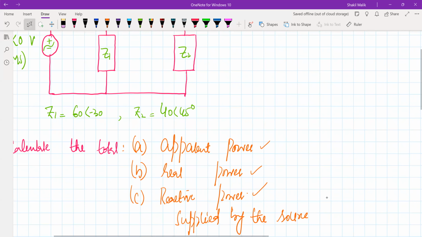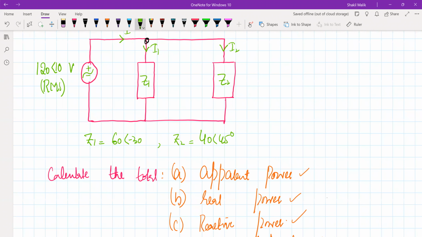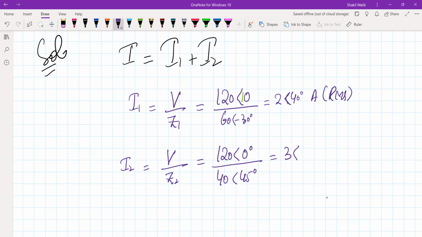Sorry about the confusion earlier. So I2 is 3 at an angle of minus 45 degrees, again in amperes, and the value is RMS.